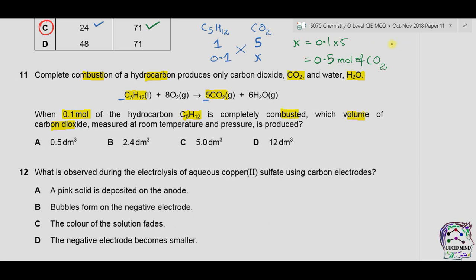The formula used is volume in dm³ is equal to number of moles into 24 dm³. We have 0.5 as number of moles, so 0.5 into 24 will be equal to 12 dm³. This is the volume of carbon dioxide produced by combustion of 0.1 mole of this hydrocarbon. Answer is therefore D.